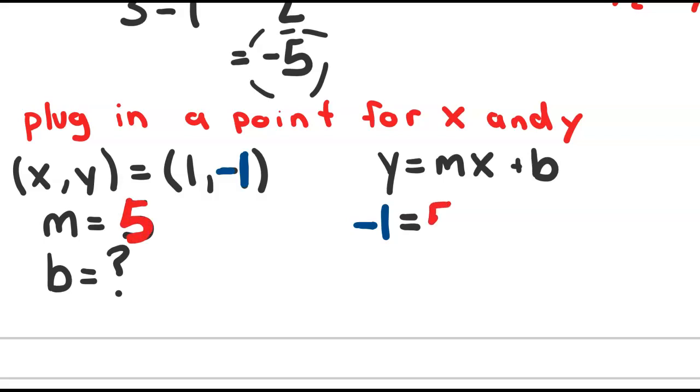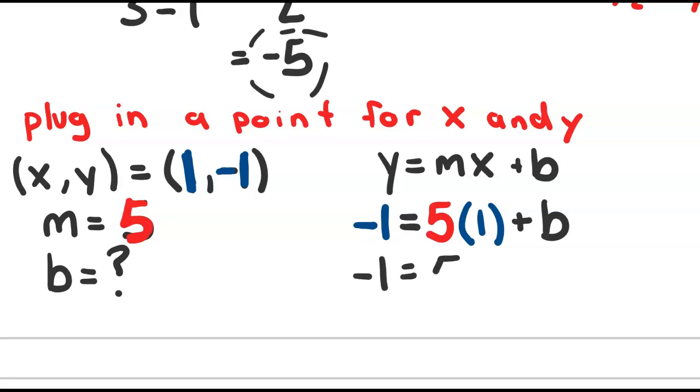So I'm going to plug 5 in for m. And this 1 is an x value. So I'm plugging 1 in for x. I don't have anything for b, so I'm writing plus b. Now this is an equation that we can solve. If we simplify a little bit, we have -1 is equal to 5 plus b.